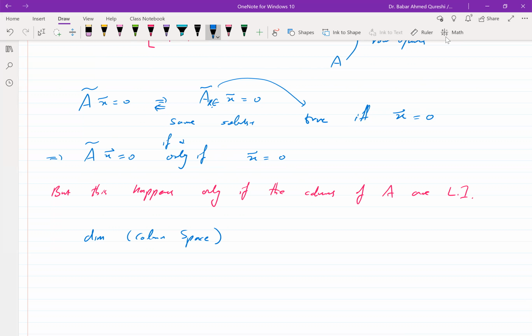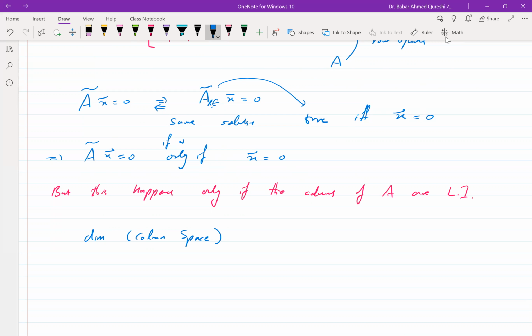We just know that if I delete those columns which do not have the leading ones, the rest are linearly independent. That means the dimension of the column space is at least equal to those remaining columns.